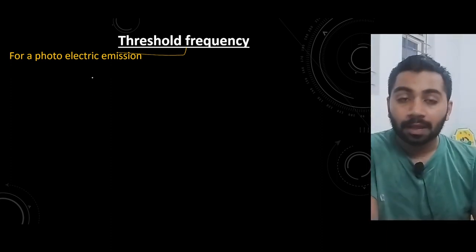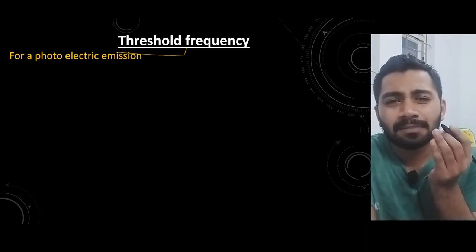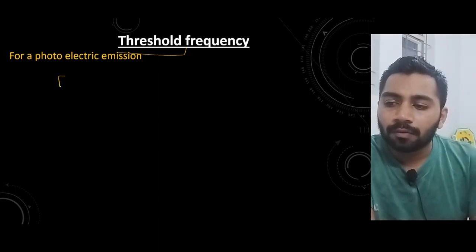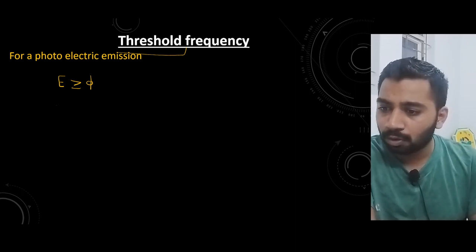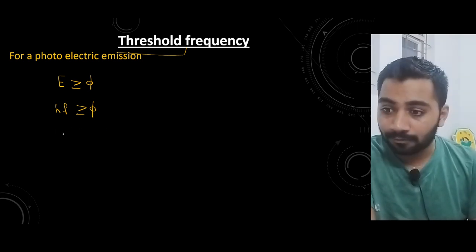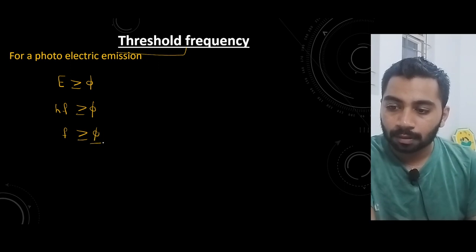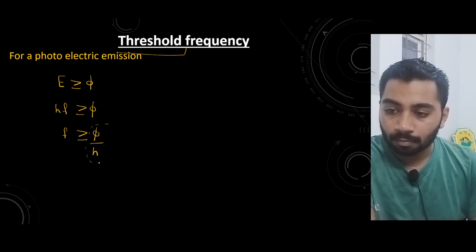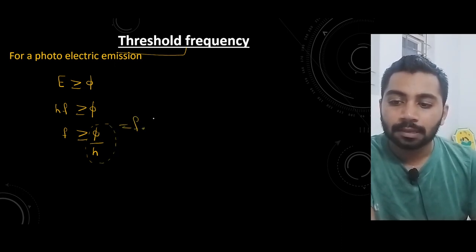See, I will tell you how. If you want, you can write it. The frequency must be greater than the threshold frequency to perform the photoelectric effect. We know this formula, and I can write it like this. Now frequency is equal to this value, and this value is your threshold frequency.